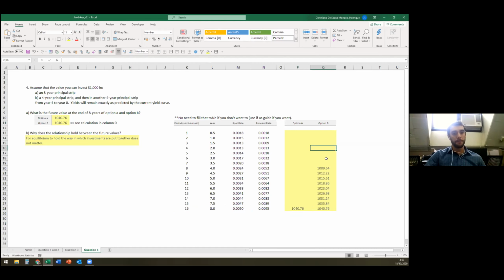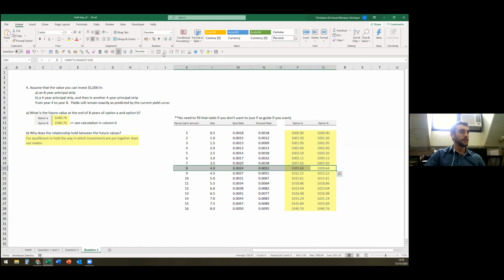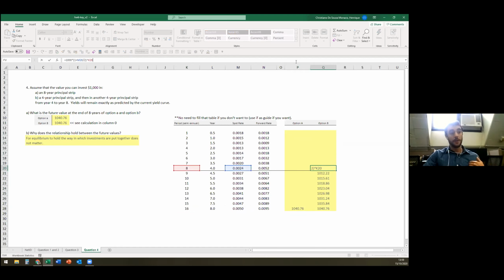Now for option B, essentially what you would be doing is the same here until year 4 over here. Okay, so you could just delete those. So have the future value of option B in year 4, right?